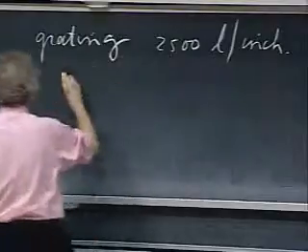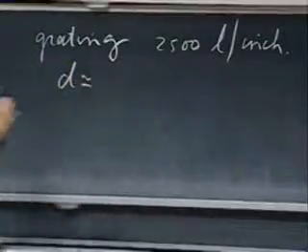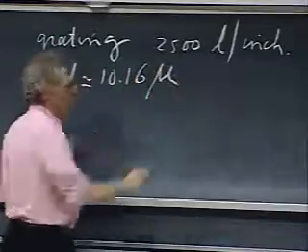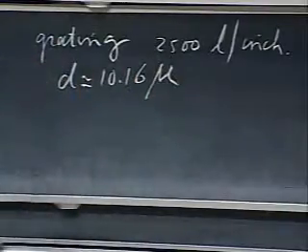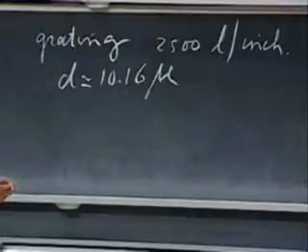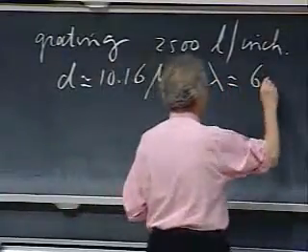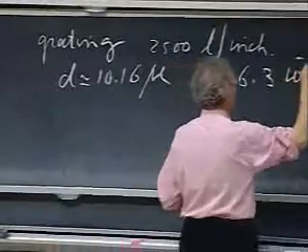That means the separation d between two adjacent grooves, in my case, is about 2.16 microns. A micron is 10 to the minus 6 meters. And the wavelength that I'm going to use is our red laser, which is about 6.3 times 10 to the minus 7 meters.